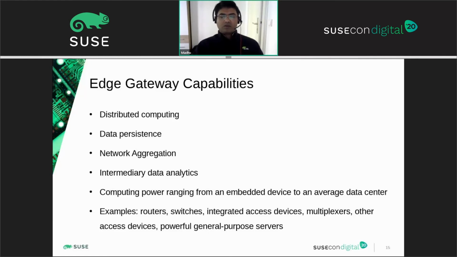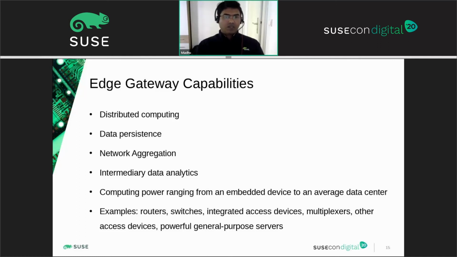But some of the devices come with their own challenges, like limited storage and limited capacity in terms of CPU power, and so decisions have to be made by end user applications and services to choose among local execution, what needs to be executed at the device itself, how much of it can be partially offloaded to the edge gateway, and how much of it needs to be computed in the data center.